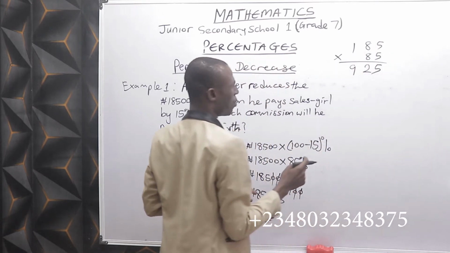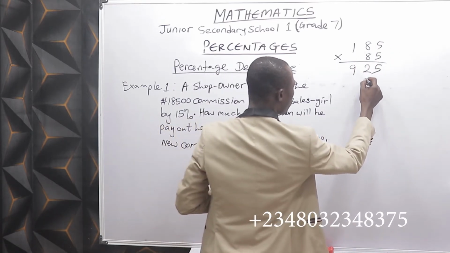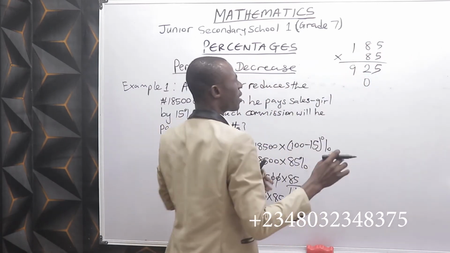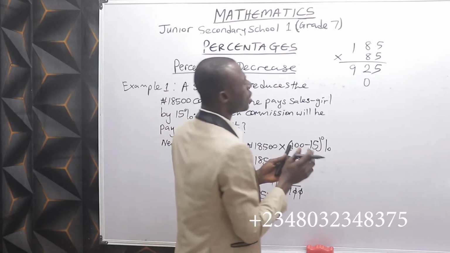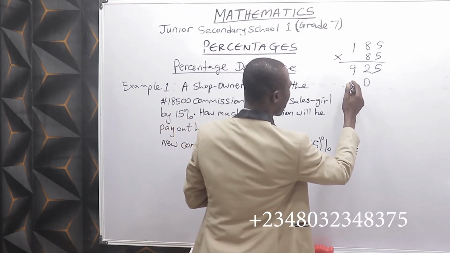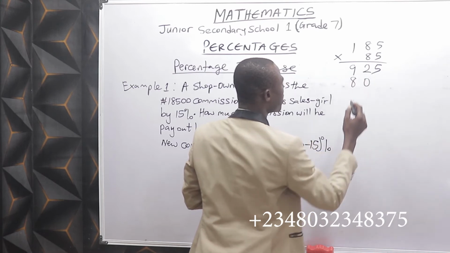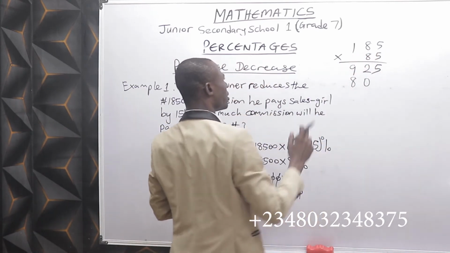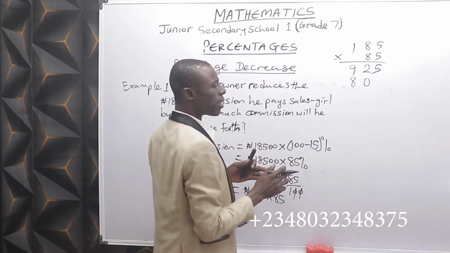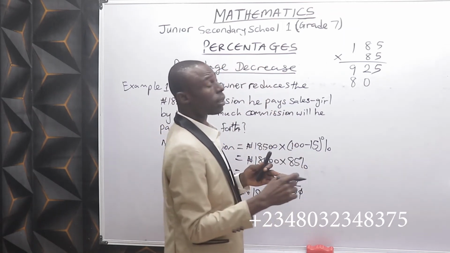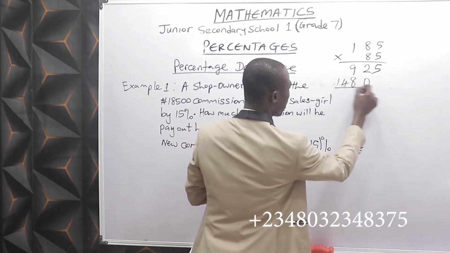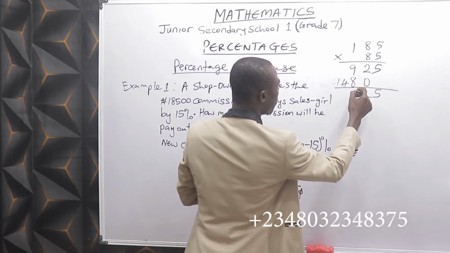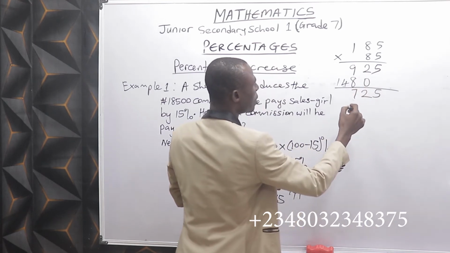8 times 5, that's 40. We write 0. We keep 4. 8 times 8, that's 64. 64 plus the 4, that is 68. We write 8. We are keeping 6. 8 times 1, that is 8. That 8 plus the 6 we are keeping, that is 14. We have 14 here. So this is 5, 2, 9 plus 8, that is 17.